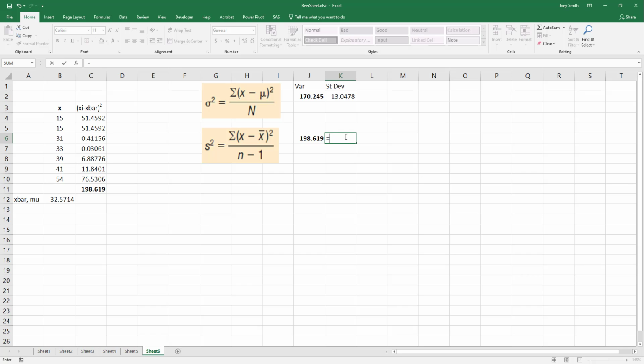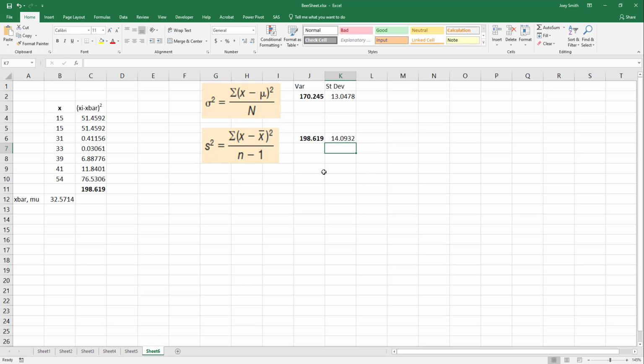To find the sample standard deviation, we take the square root of the sample variance. And so you can see that the population standard deviation and the population variance tend to be a little bit smaller than the sample standard deviation and the sample variance. And it's because of this n-1 being used rather than n.